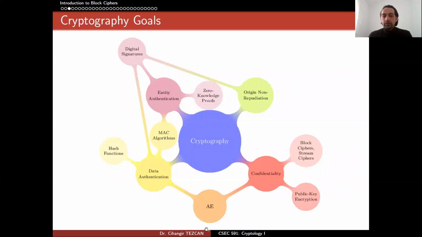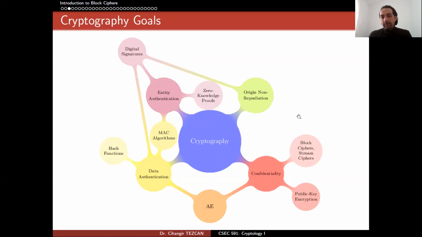We also have authenticated encryption algorithms, which also give you encryption, so confidentiality. Cryptography also solves the problem of data authentication. For this case, you can use hash functions, message authentication codes, or again, authenticated encryption. Other problems we solve are entity authentication or origin non-repudiation, which can be solved by digital signatures and so on.